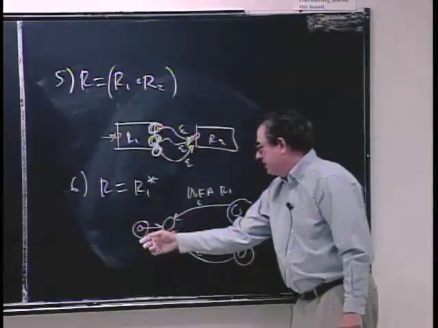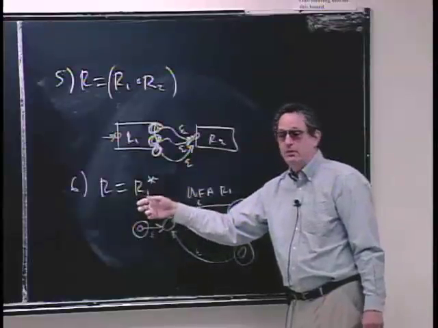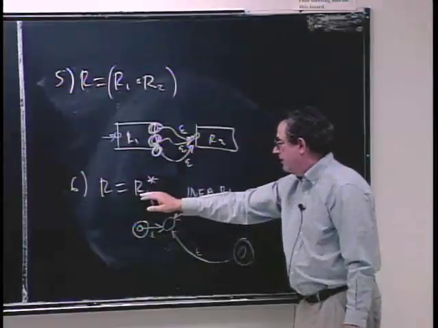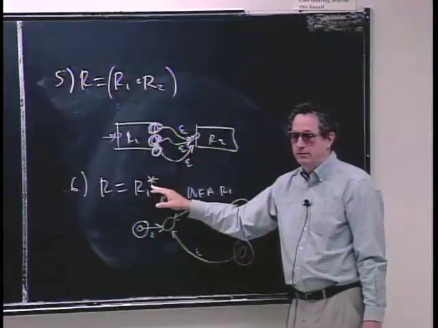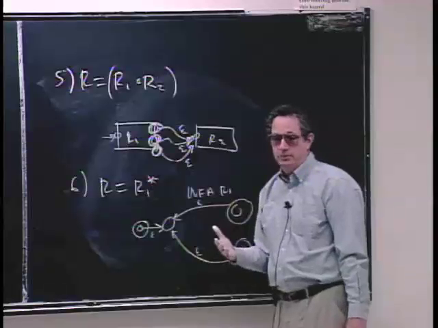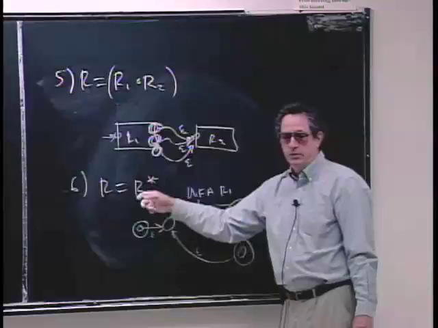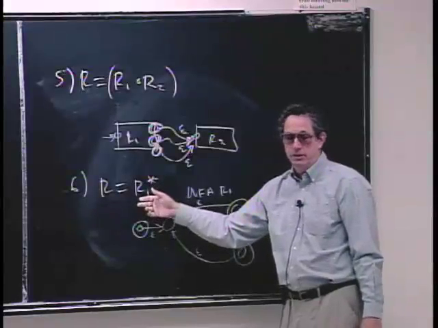So this is how you implement a star in general when you have an NFA. And why? Because this is the regular expression R1 star, which includes the possibility of the empty string. R1 might not have had the empty string in it, but once you put the star on it, that's 0 or more times of R1, which means the empty string should now be in there.